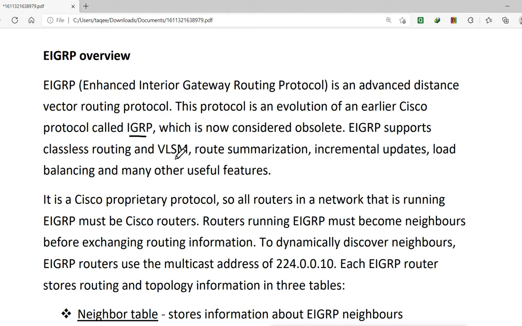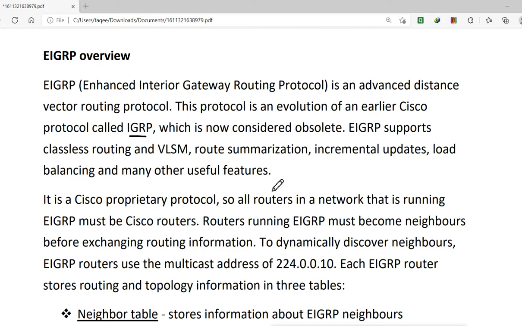So when it sends the routing table, it sends the subnet mask information also, so it knows whether it is a subnetted route or not. And it also does route summarization, just like OSPF has an advanced feature of route summarization. For doing route summarization in EIGRP, we don't have to configure areas.